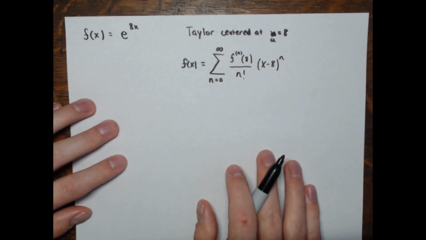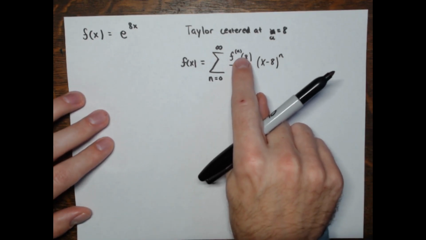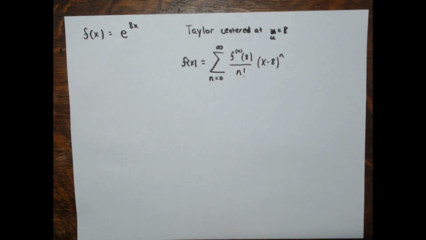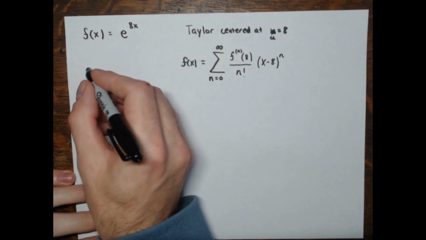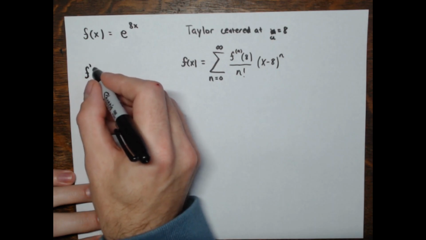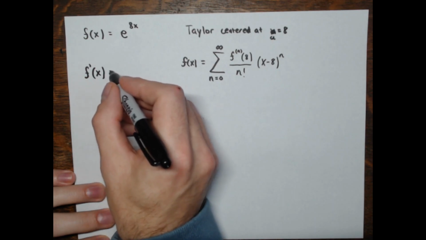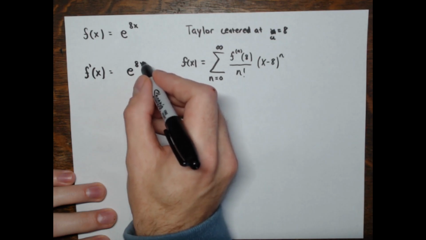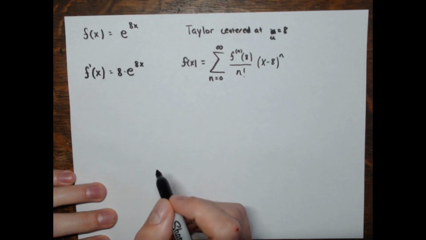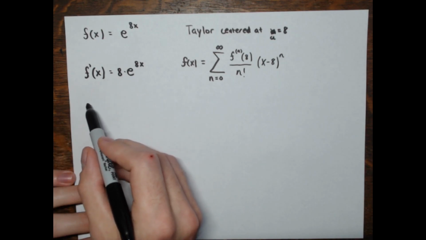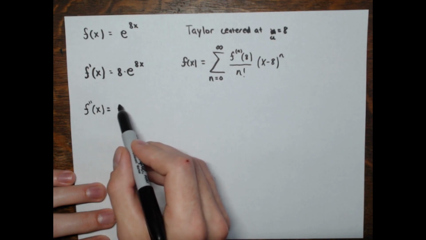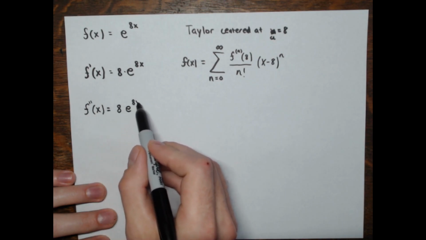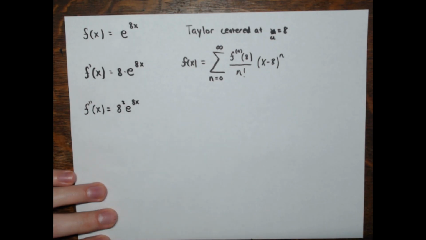So I'm going to try to find a little general formula here for the nth derivative at 8 divided by n factorial. Now the nice thing is all these derivatives are easy. The first derivative would be e to the 8x times 8 to the first using chain rule. The second derivative would be 8 times e to the 8x, and then times 8 again, so that'll make this 64, or 8 squared.